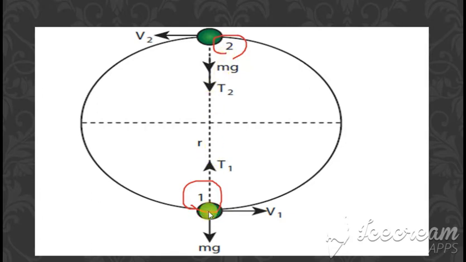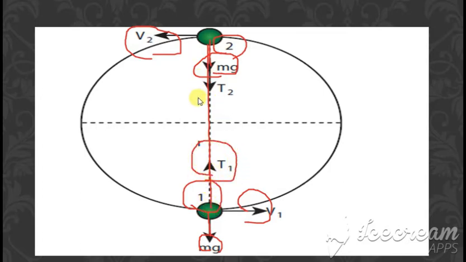At this position it has a downward gravitational force which is mg. So here is mg and here is mg, and it is moving with the velocity v1 this side and v2 here. Okay, and whenever there is a string, there is a tension. So for this point upward is a tension t1, and for this point downward is a tension t2.